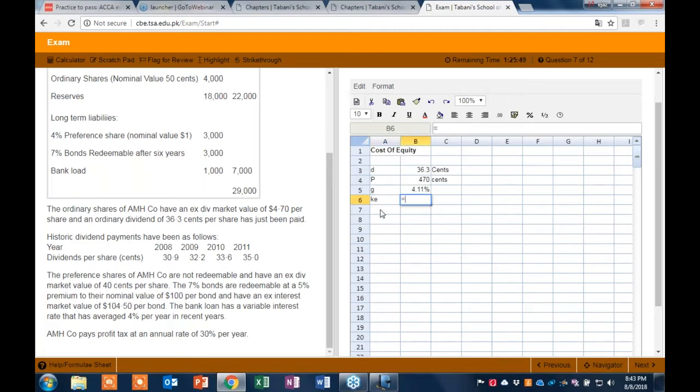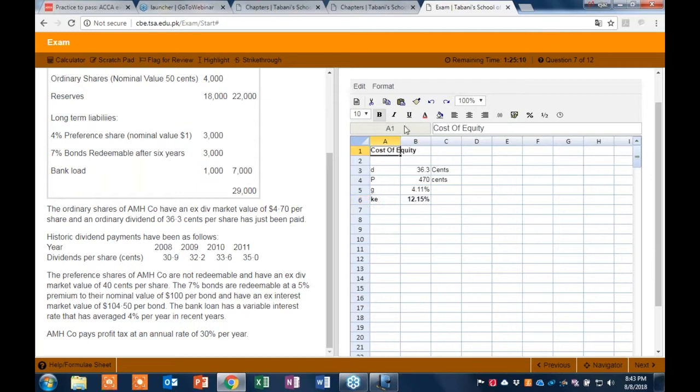Cost of equity will be equal to dividends into 1 plus growth, divided by the price, and then we will add the growth at the end and change the format to 2 decimal places. It's 12.15% approximately. So this is the cost of equity.